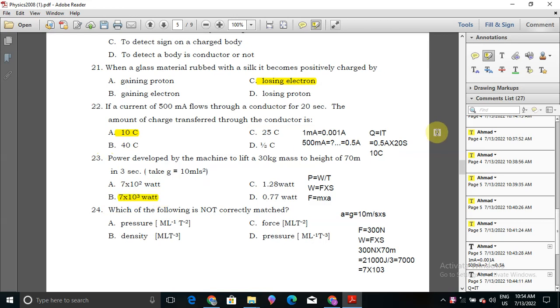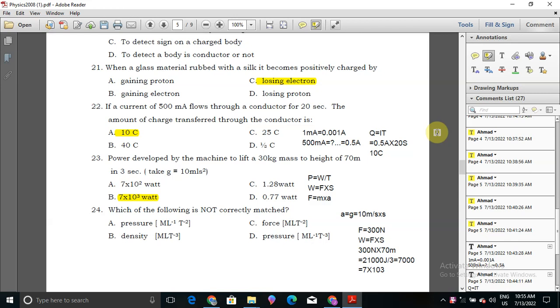Okay, in question number 24, it says which of the following is not correctly matched? Is not correctly matched, right? First of all, pressure. We have density, force, and pressure, right? Density and force, both of them are correct. But we have two pressures. Which one will be the correct answer?